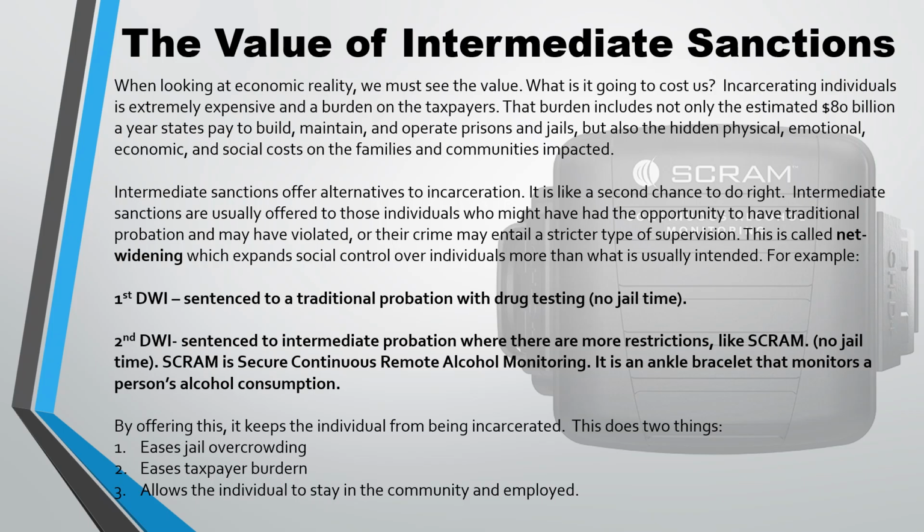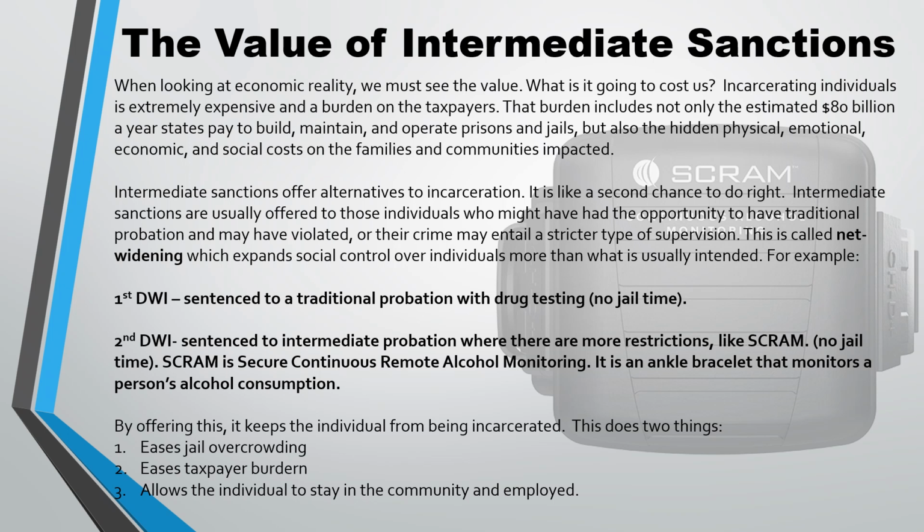And then he or she is caught again, second DWI. It may end up in intermediate probation where you have more restrictions like SCRAM. That is where you have to wear an ankle bracelet, and it's a device that measures the amount of alcohol in your system.